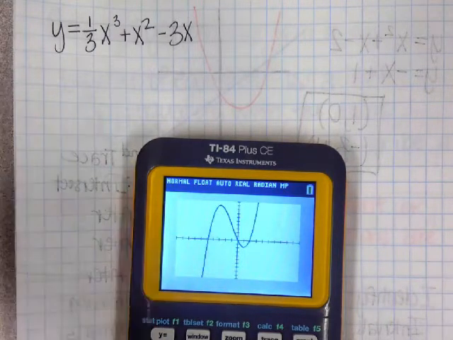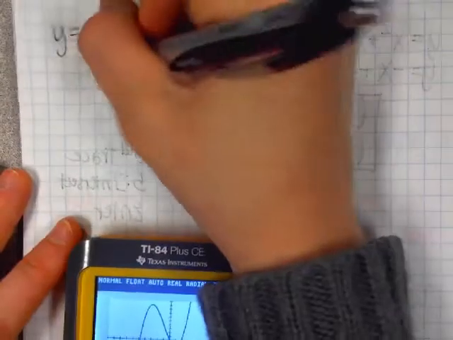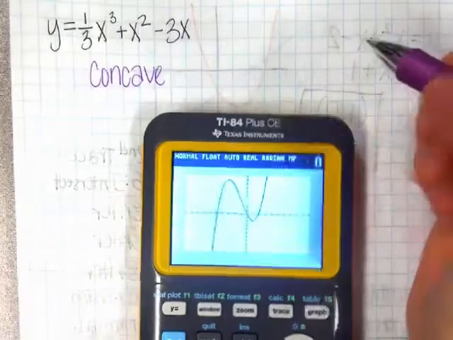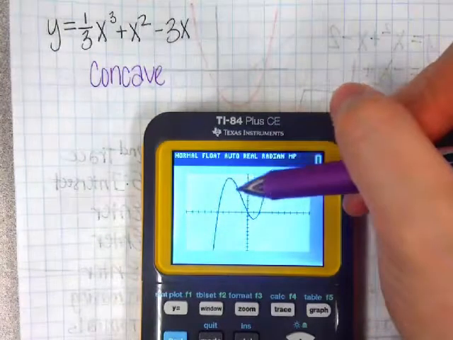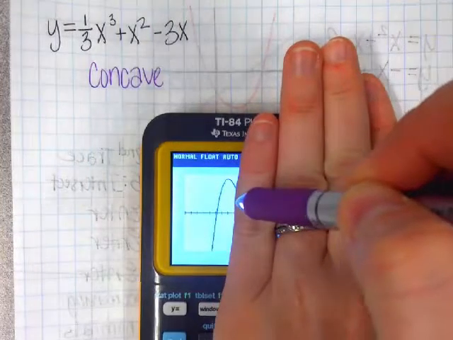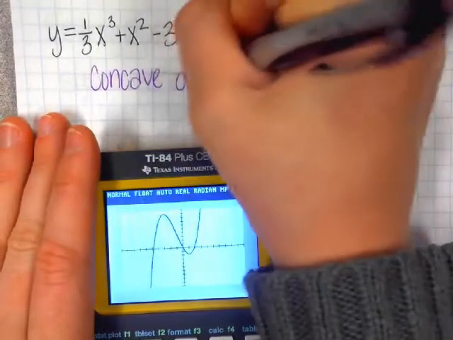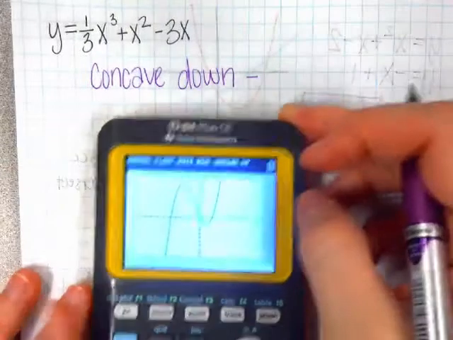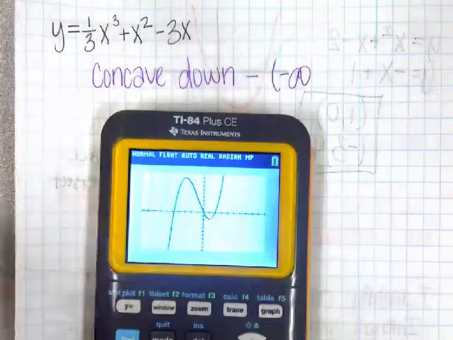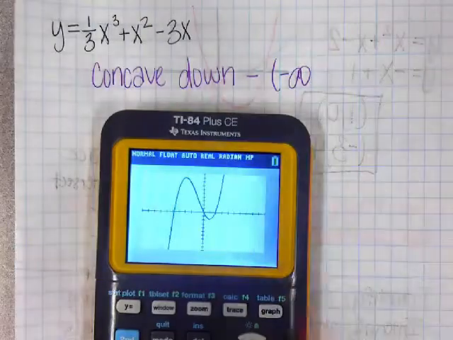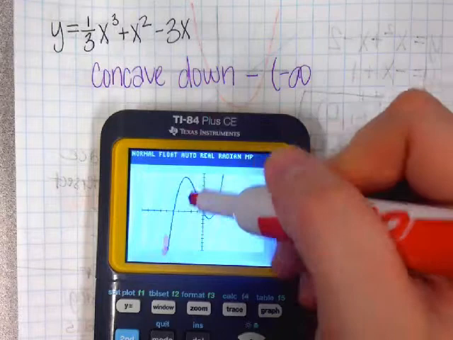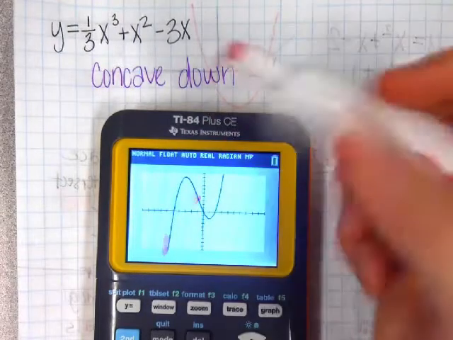Okay, so first thing you need to talk about is the concavity. So it is concave. If you look at this first part, from that part right there, don't look at this part over here. So that is concave down. And you can see that it's concave down from negative infinity. Let me get an expo marker. So it's concave down over here. So from negative infinity, remember that just keeps going.